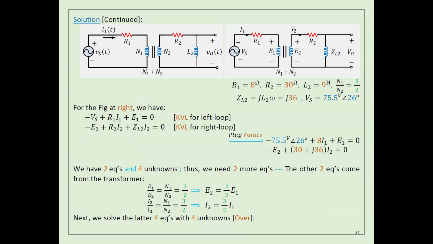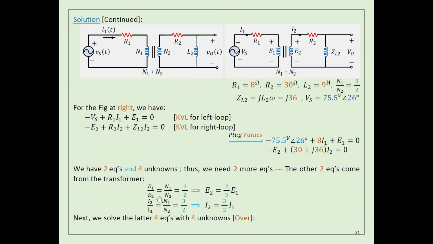So now I'm going to apply Kirchhoff voltage law here and Kirchhoff voltage law here. Once I apply it, I will get two more equations. After that, I will see what we can do. If you apply this Kirchhoff voltage law, you can see negative Vs equals I1 times R1 plus E1. E1 is unknown, because I have a relation for it.